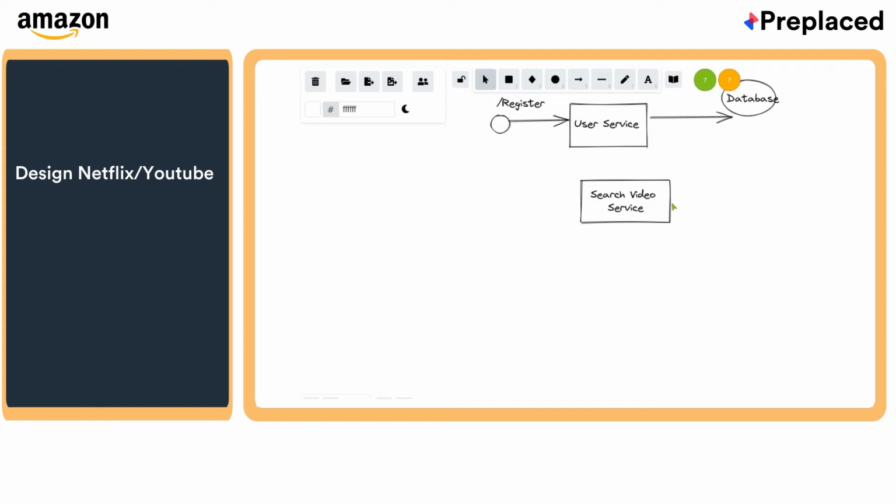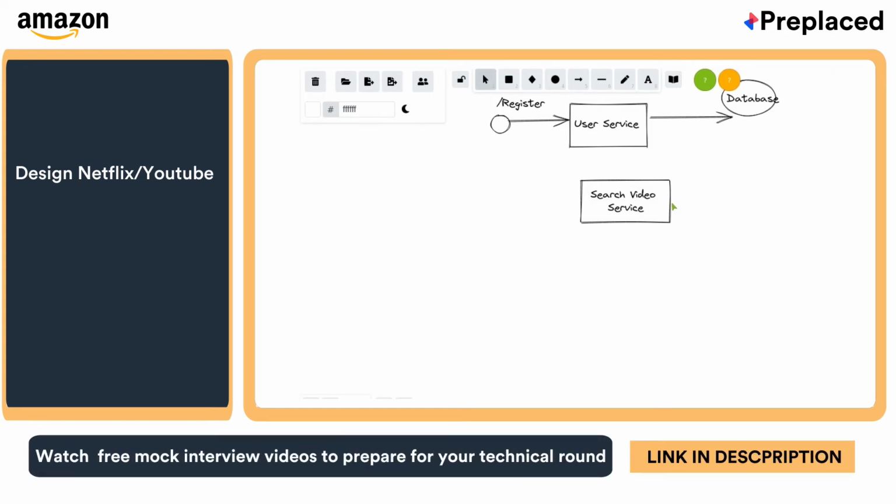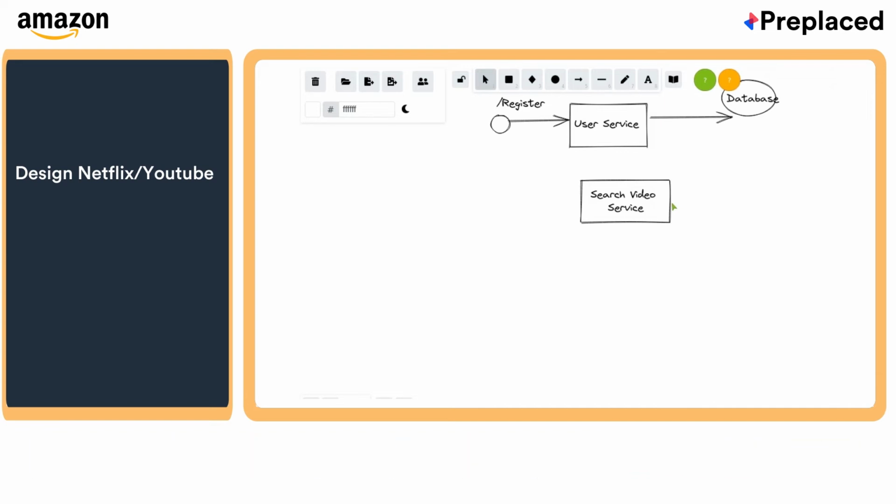If I was going for exact search, on the database I would probably go like where title like preplace or username like preplace. But since I want to do a fuzzy search, I can use a service like Elasticsearch, and based on Elasticsearch I could get all the relevant entries.